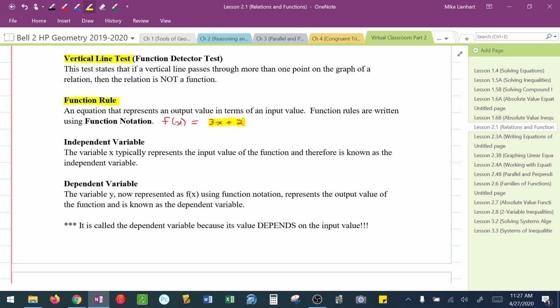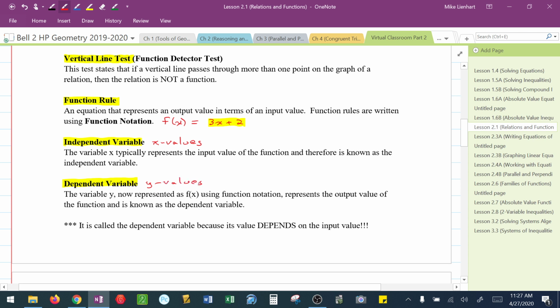Now, two other terms that you may see pop up here are independent and dependent variables. Independent variable is a fancy way of referring to the inputs or x values. And dependent is another way to represent the y values or the outputs.